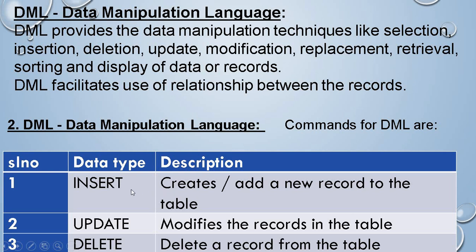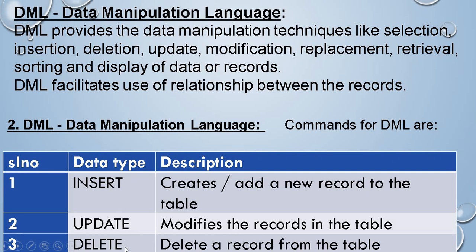Different commands are used in the DML, that is insert command, update command, and delete command. Insert command will create a new record in a table. Update command will modify the records in the table, that is any changes that have to be done will get updated using the update command. Delete will delete a record from the table based on the condition.